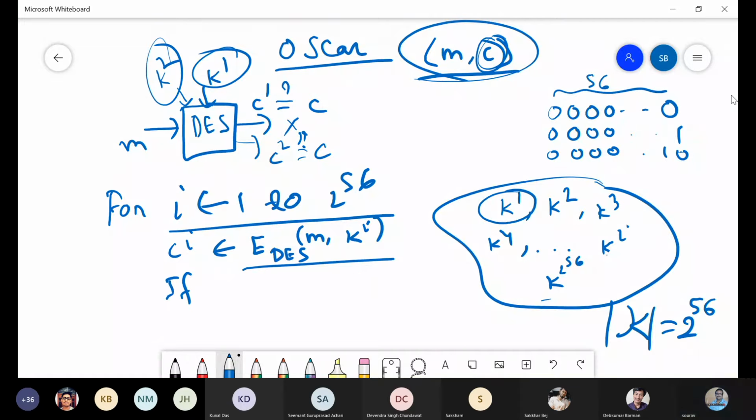If this Ci is equal to C, then we got the key. Then return, if you are familiar with this pseudocode, return Ki. So it is a loop where we are doing this business. So this is the pseudocode for this attack. This is called an exhaustive search attack.